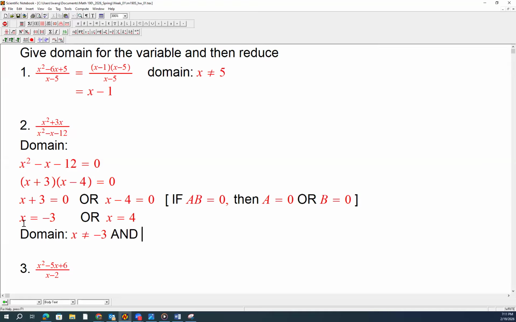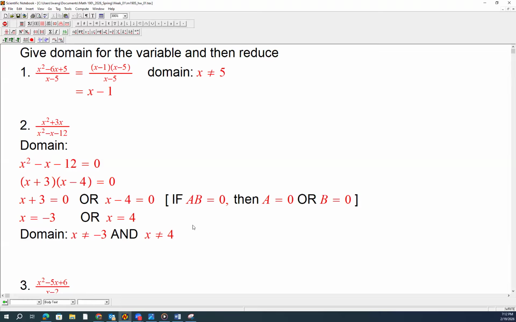The opposite of x equals -3 or x equals 4 is x not equal to -3 and x not equal to 4. Make sure you understand that logic and think about it. That's how we determine the domain using one of the methods.